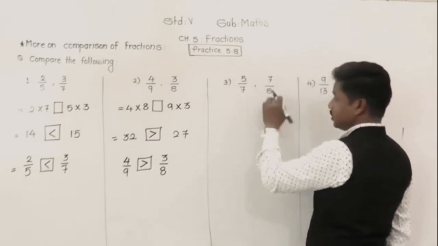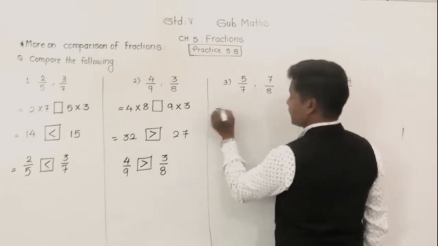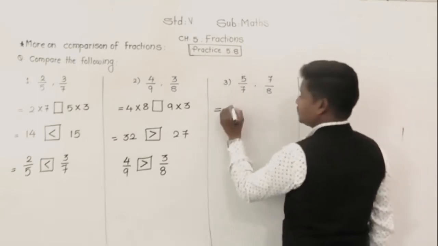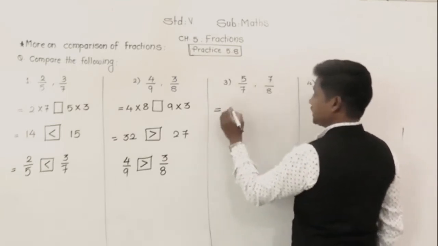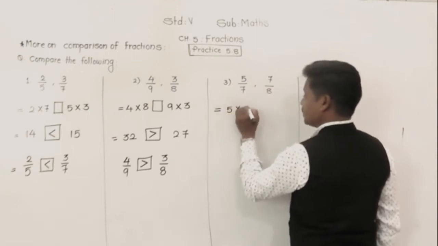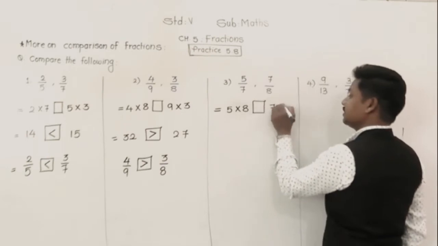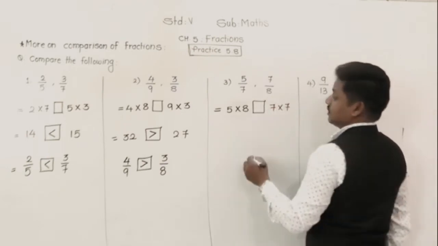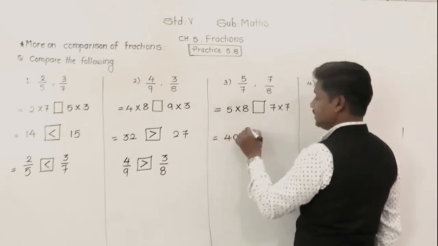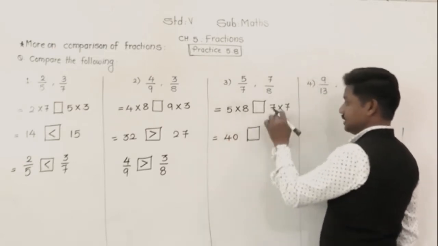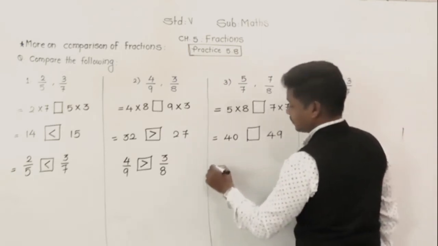Both the numerators and denominators are different. Let's use the cross multiplication method to compare. 5 into 8, box, 7 into 7. 8 5s are 40. Box, 7 7s are 49.